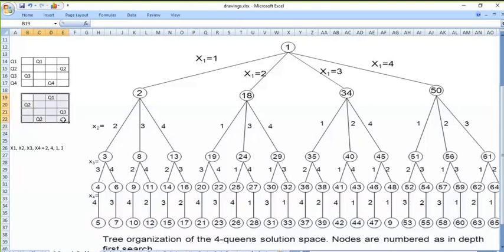This is another solution. This particular solution in the state space tree, I will just draw it. Okay, 1 second. The first one was this way.